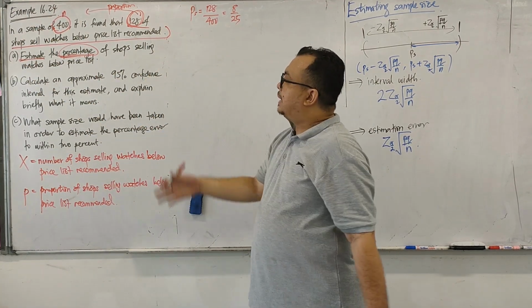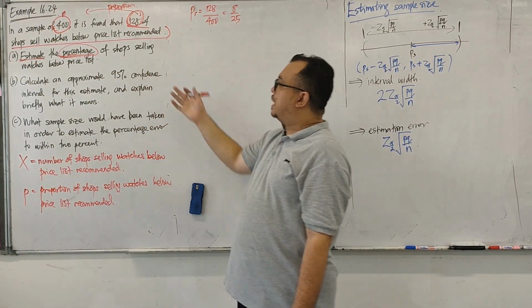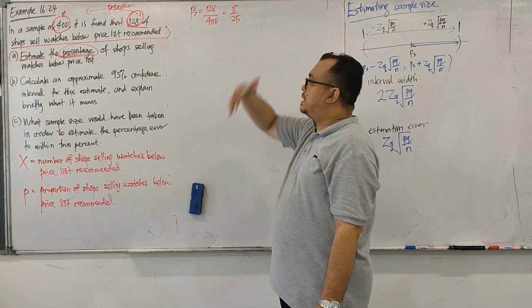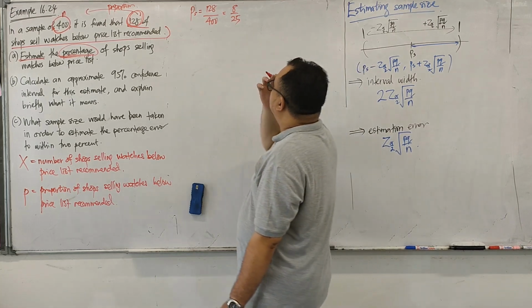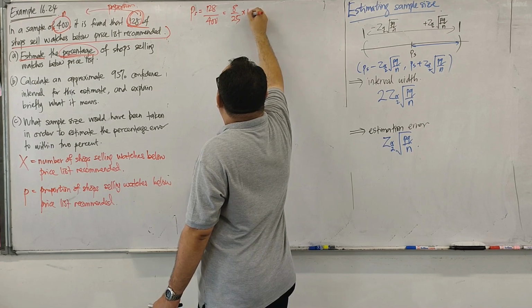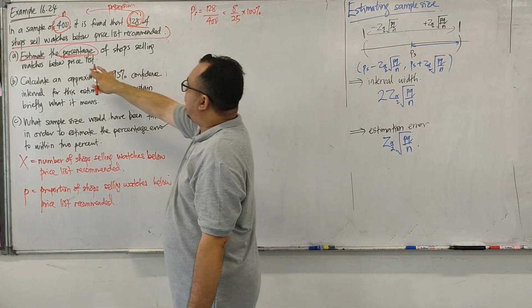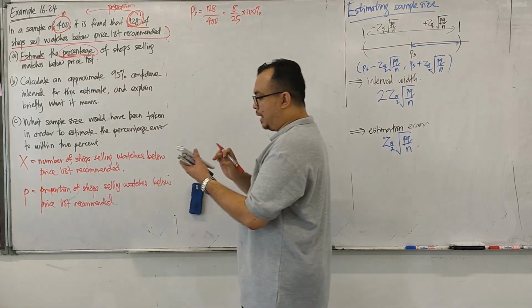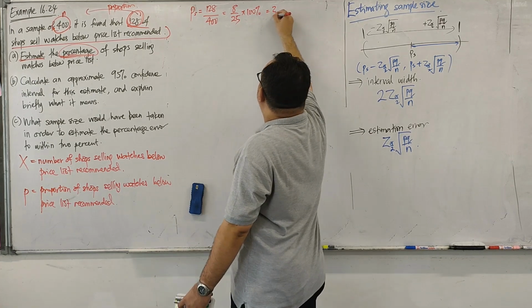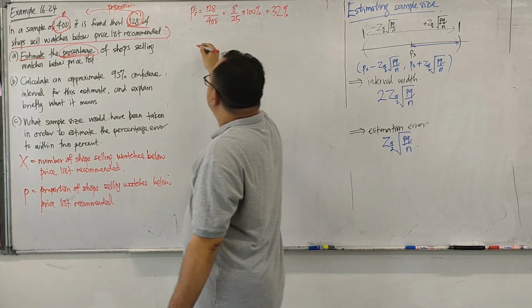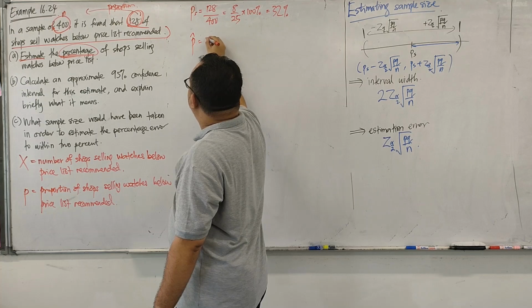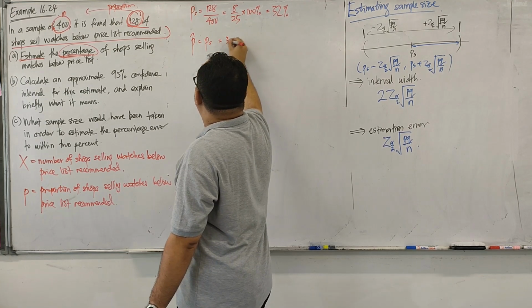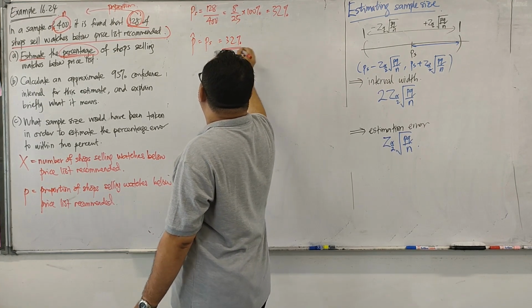Okay, soalan tak cakap estimate the sample percentage. Soalan cakap estimate the percentage. Okay, and then this one you have to multiply by 100 lah, because the question asks for percentage. So times 100. This one adalah 32%. So soalan minta P hat. P hat equals to PS equals to 32%.